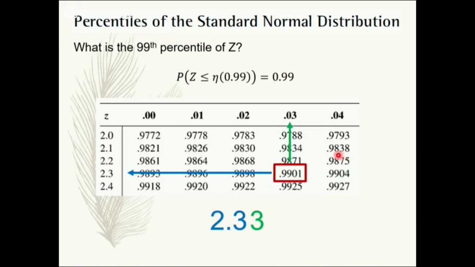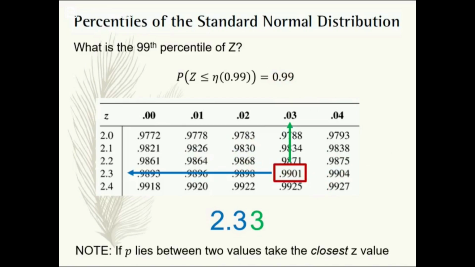Sometimes you're going to be given a p that's not necessarily a nice value that you can find directly in the table, because you have all these different decimals here. Sometimes this p is going to lie in between two values of z. In this case, you're going to take the closest z value.